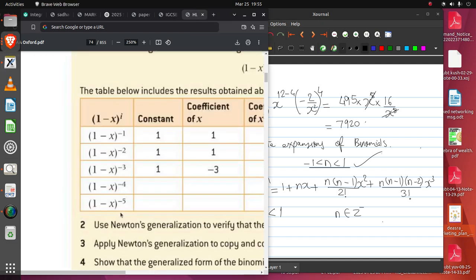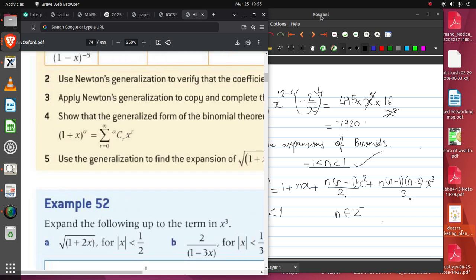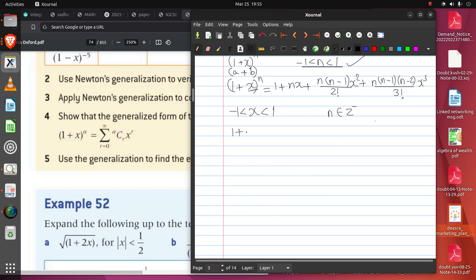So I'll take a very simple example. For example, if I write 1 plus 2x raised to half, now you can see they have written mod x less than half, so it satisfies the condition, right? How? Because 2 of mod x, can I say it's less than 1, right?